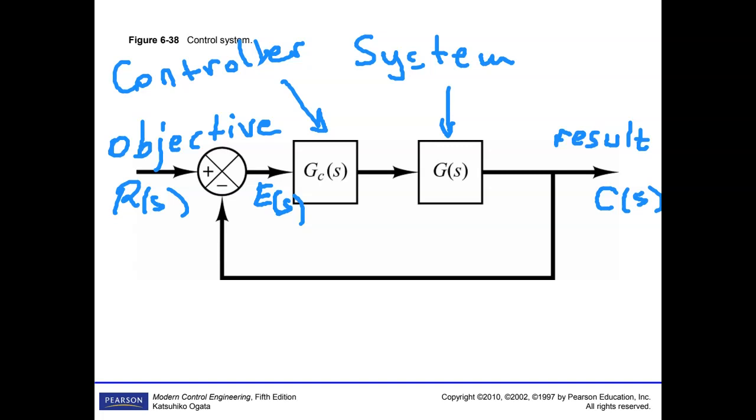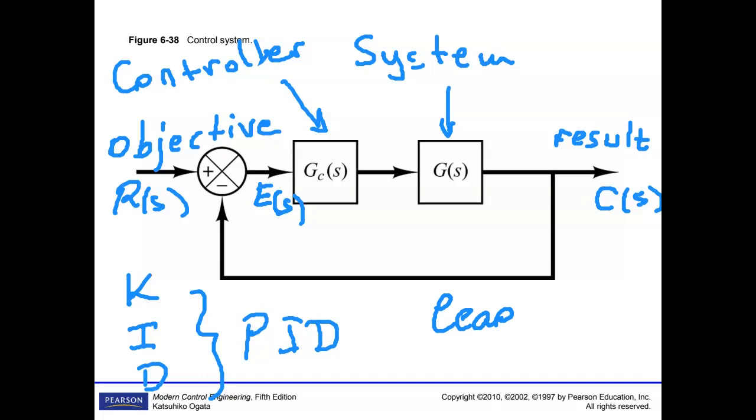But in the meantime, we have seen that for the controller, we have K, also integral and derivative. This is called PID. But also we have seen that if you know the system, we can add 1 zero and 1 pole to the system. Then we have seen the lead compensator and lag compensator.